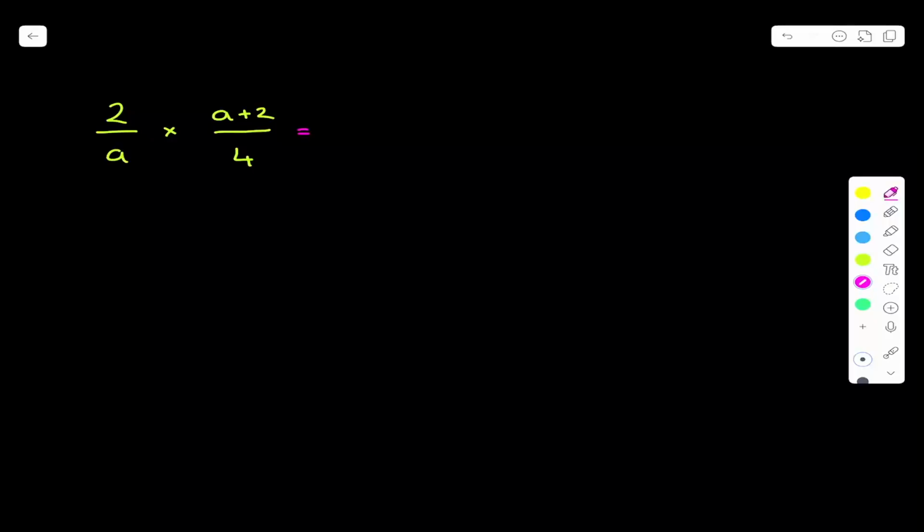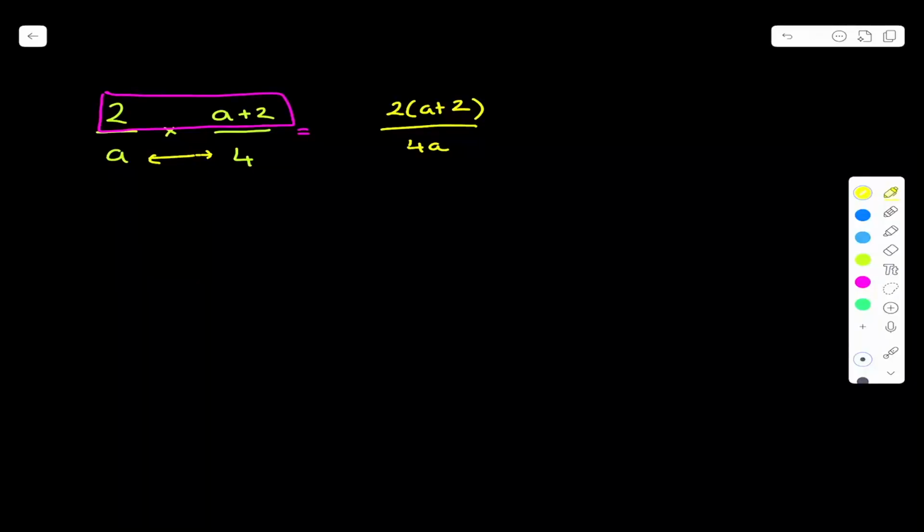So to multiply fractions, all you need to do is numerator times numerator, so the top times the top. So let's just write that out as brackets. So we basically have 2 multiplied by a plus 2 for the top, and denominator times denominator, so a times 4, which is 4a.